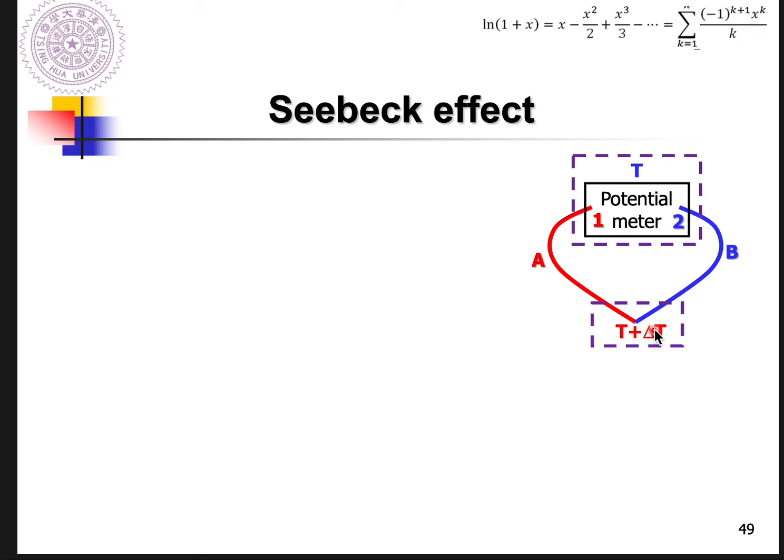As long as we use the standard curve to calibrate this thermocouple, then we can know the relationship between the electrical potential versus delta T, right? So by using this concept, we can use this junction to detect the unknown temperature. So this is how the thermocouple works.